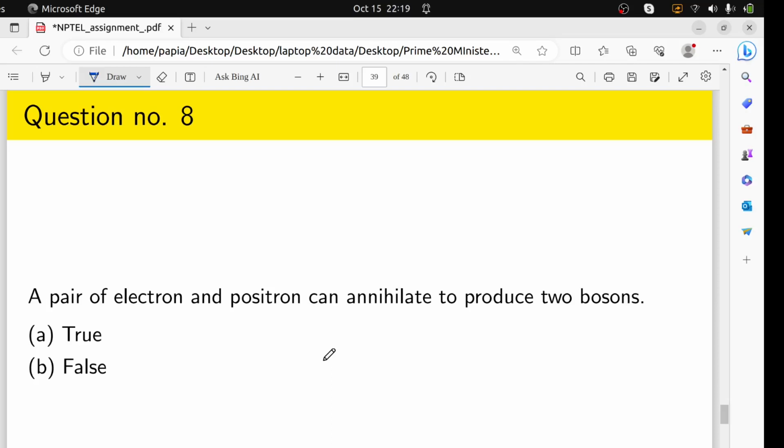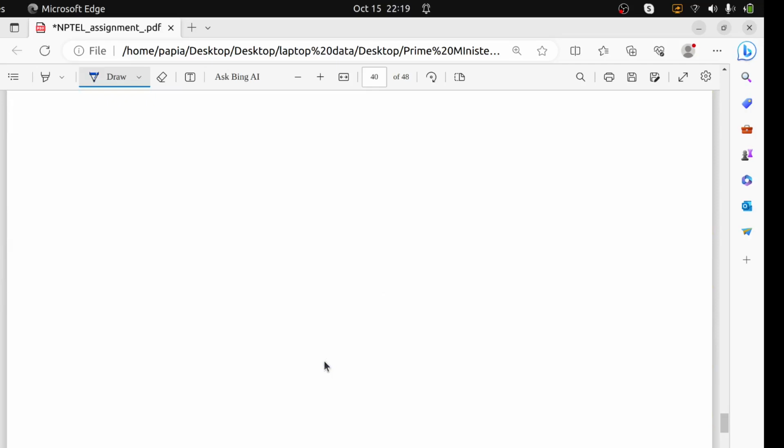A pair of electron and positron can annihilate to produce 2 bosons. Is it true or false? In the previous question, it was whether e plus plus e minus makes 2 photons or not. That was correct.